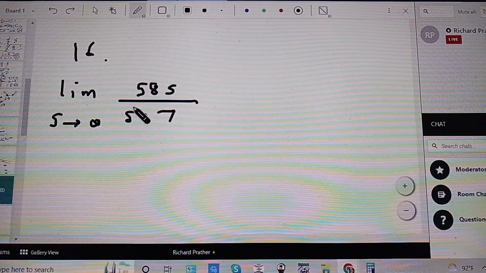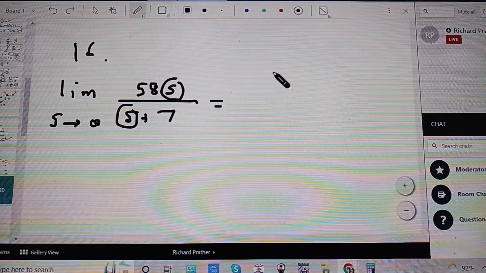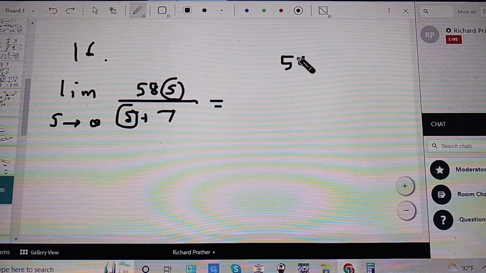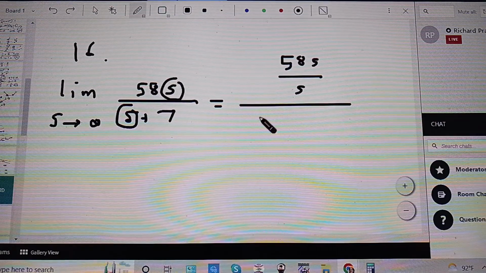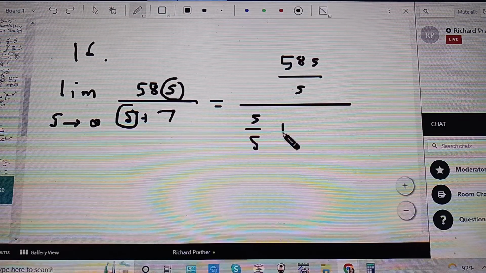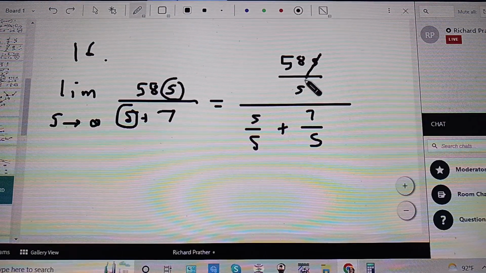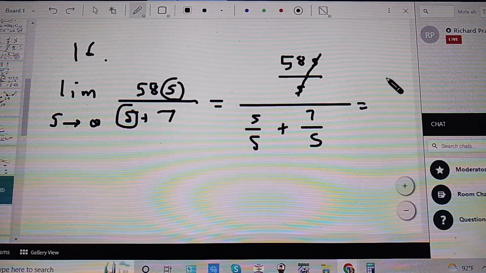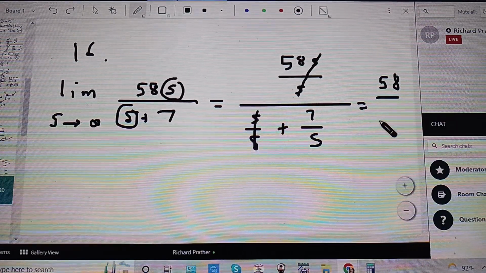My highest degree is S to the first power. So what if I try the good old divide everything by the highest power, S? I can take each term and divide by S. This would cancel and give you 58. This would cancel and just be equal to 1.